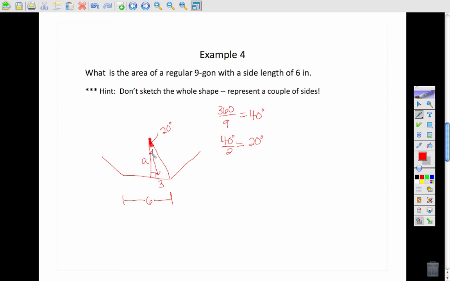Now I need to find the apothem, and I know the side opposite the 20, and I need to find the adjacent. So if you remember your SOHCAHTOA, I'm going to work with tangent, because tangent of any angle equals opposite over adjacent. Okay, so our tangent of 20 degrees is equal to 3 over A, and A is equal to 3 over tangent 20.